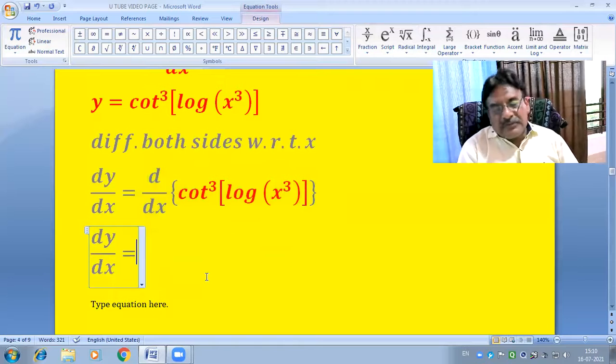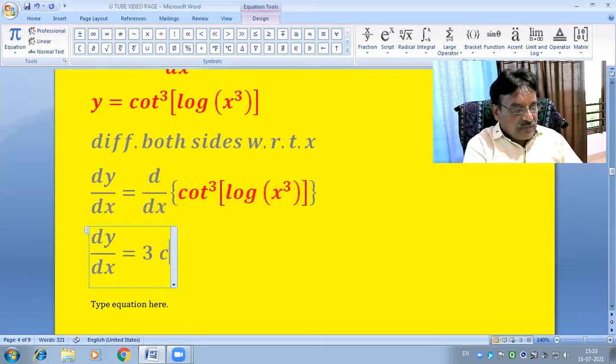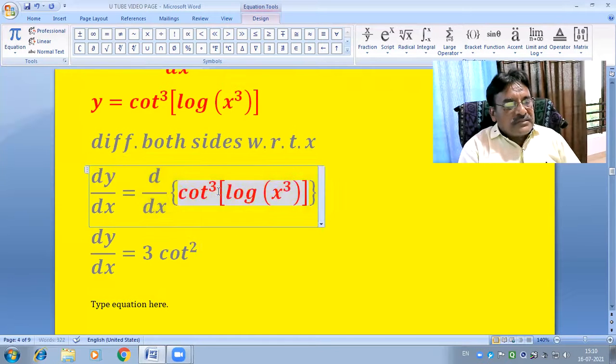So by using this formula, here n is 3, then cot to the power 3 minus 1, so cot square. The log of x cube is as it is.